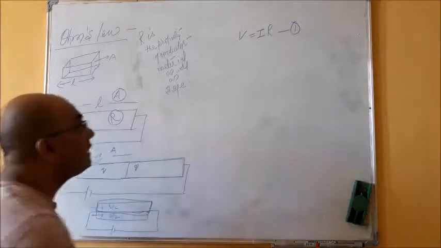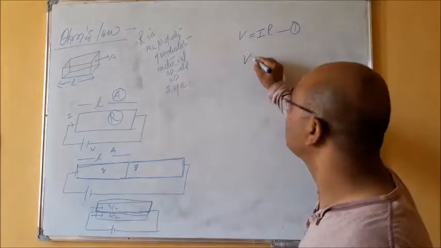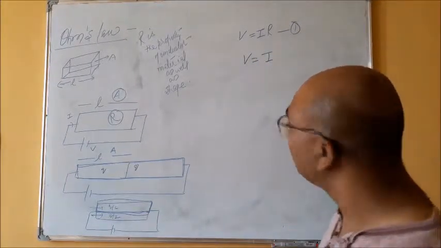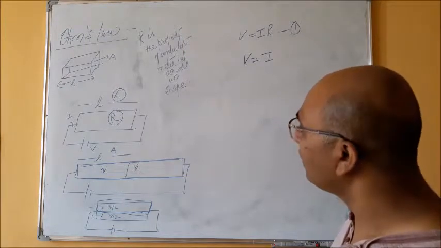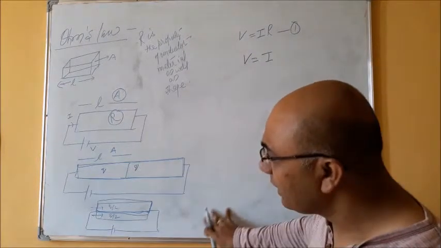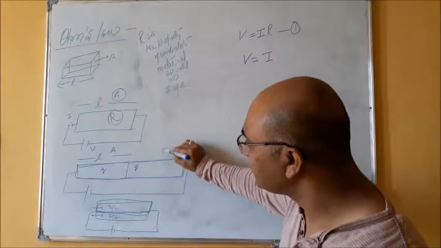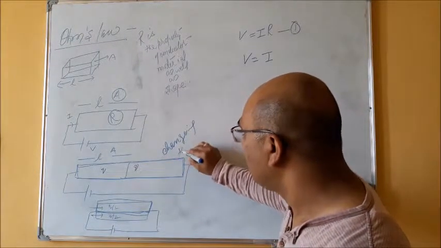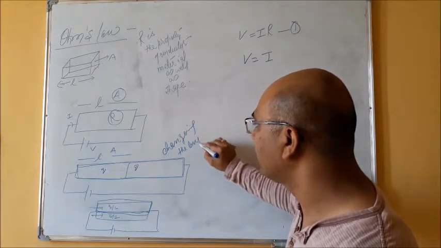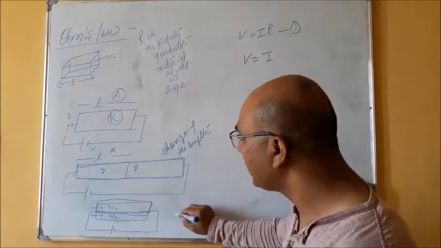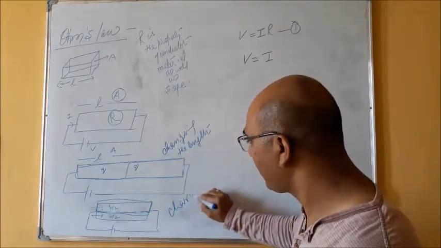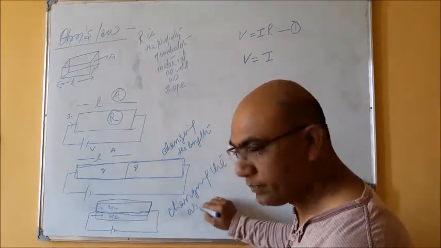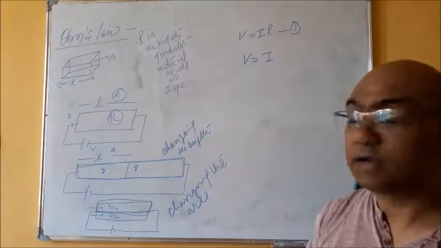Okay, so what we can say, in the first case we are changing the length of the conductor. In the second case, we are changing the area of the conductor, right?